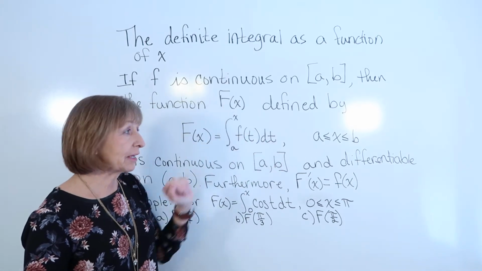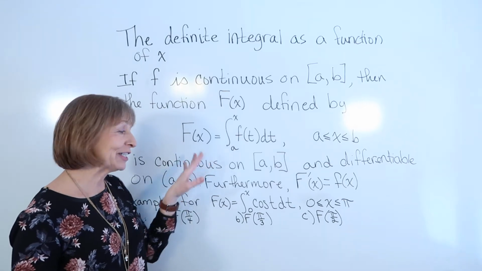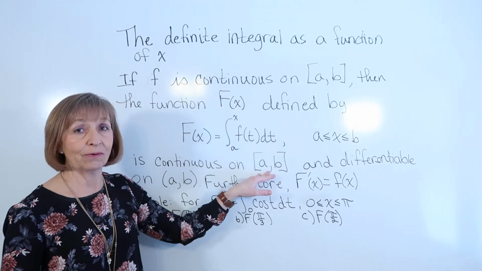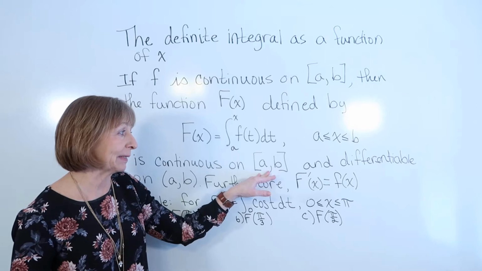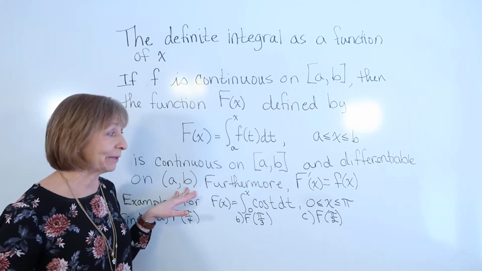That's our definition of our new function. That function is actually continuous also on the closed interval from a to b, and it's differentiable on the open interval between a and b.